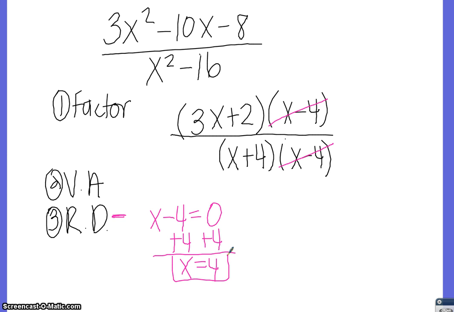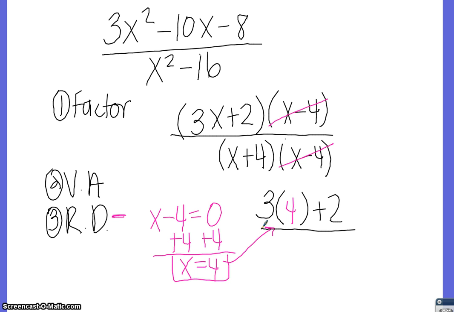The next thing I'm going to look at is my vertical asymptote. Actually, I'm going to go ahead and finish the RD first. If my RD is x equals 4, I'm going to plug 4 back into the equation to get my y value. What I have left is 3, which is my numerator, times my answer, which is 4, plus 2, because that's what's left in my numerator after I canceled out the x minus 4's.